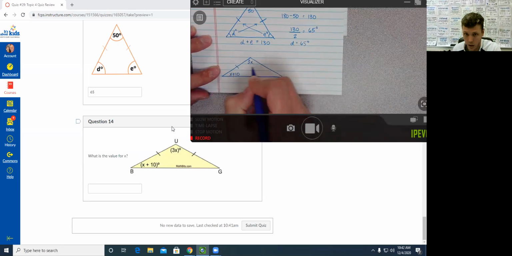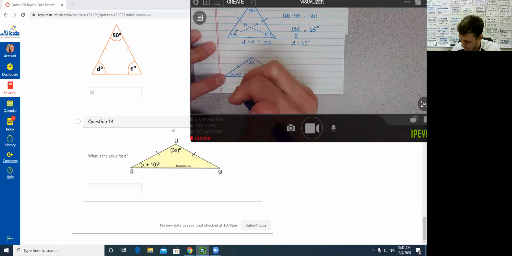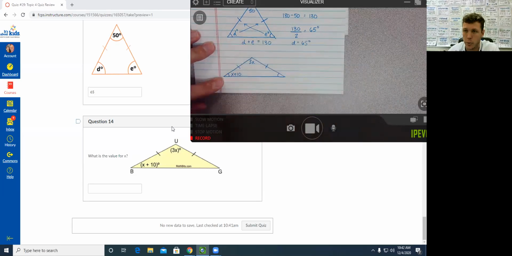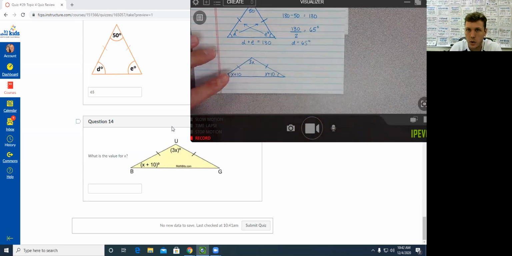Okay, it's isosceles because these are the same. So what we know about isosceles triangles, right, is that if two sides are the same, their opposite angles are the same. Those are what we call the base angles, right? So we know that this needs to be x plus 10.